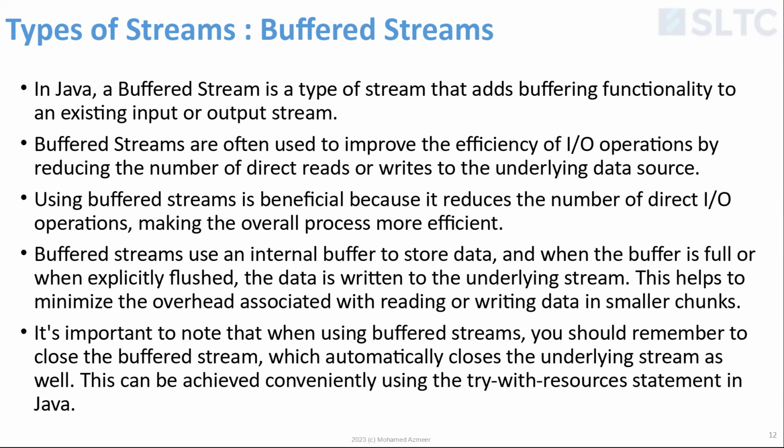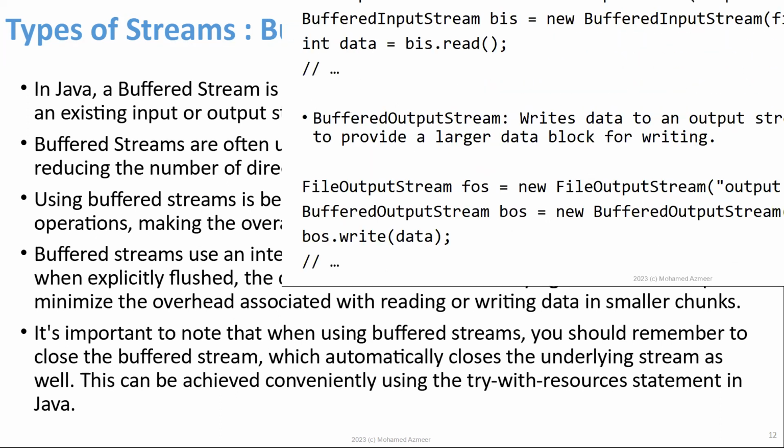When you are reading from the hard disk, say for example, generally we don't read one byte at a time, although we say byte reading, byte writing, or character reading. We are actually reading a whole lot from the hard disk, like a sector, sometimes we call it, or a track maybe. So we do read the whole thing, keep that in memory, and then read a small piece at a time. Writing is also the same. Now, buffered streams actually formalize that, or make it happen that way.